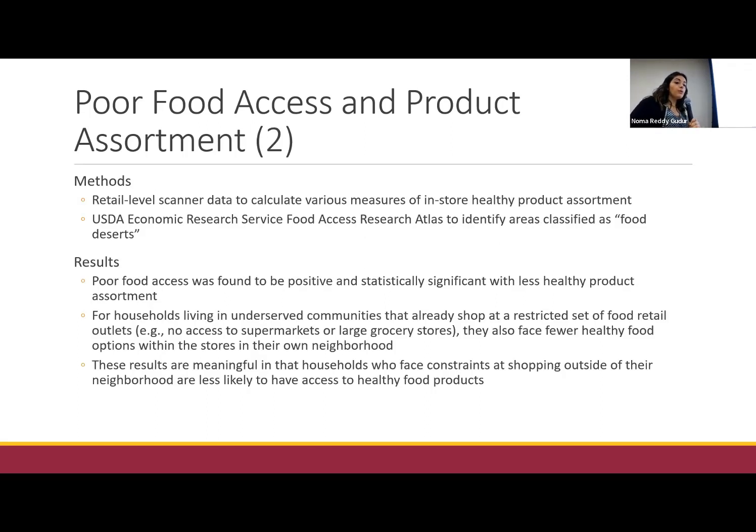We're predominantly using retail level scanner data, and we're able to link that with the Food Access Research Atlas to classify these areas without supermarkets. And we found that the relationship between poor food access and poor product availability is positive and statistically significant.